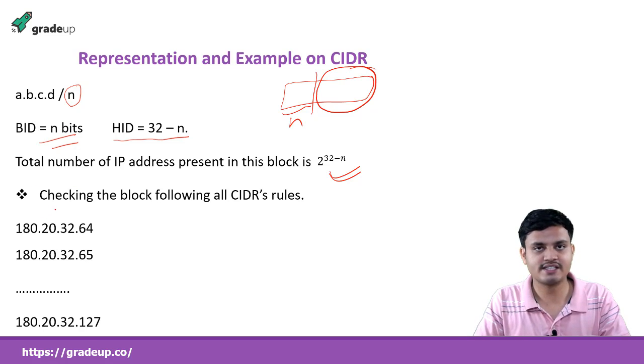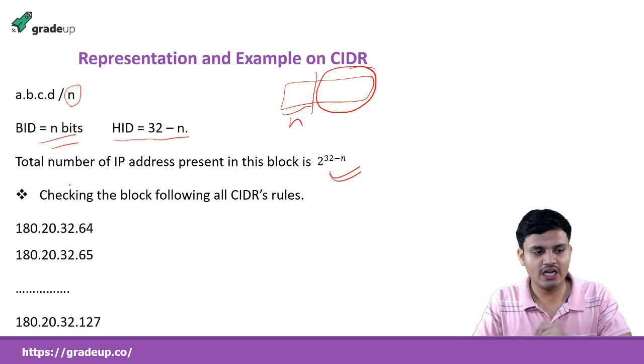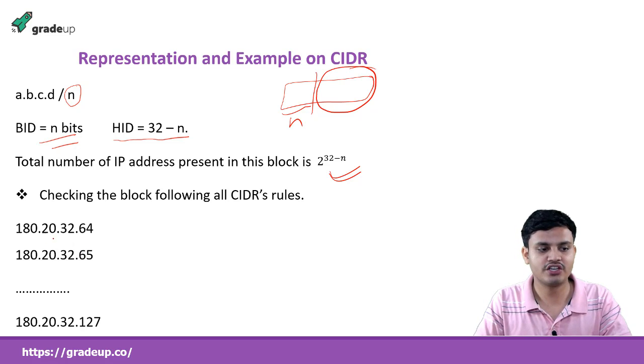So see this example, and we need to identify whether it is following all the rules of CIDR representation. This is the first one, this is the second, and so on till 127. First check whether they are continuous or not. So yes, they are continuous. If you write it in decimal you will get it, but I am showing you only the last octet. So it is 0, 1, 0, 0, 0, 0, 0, 0.